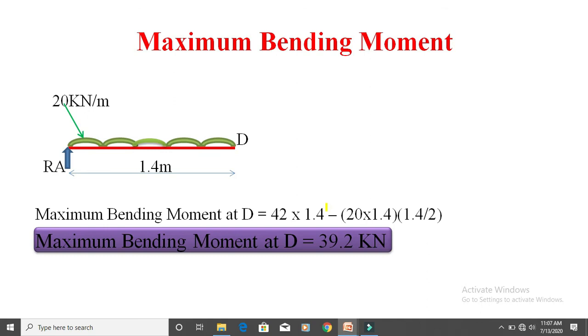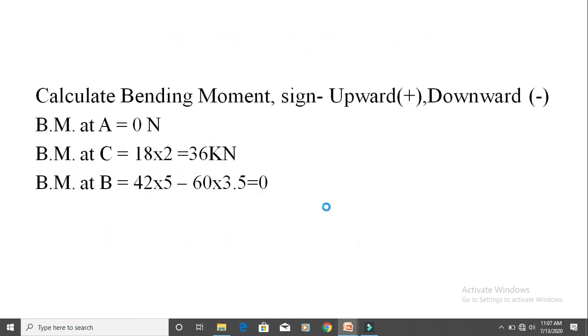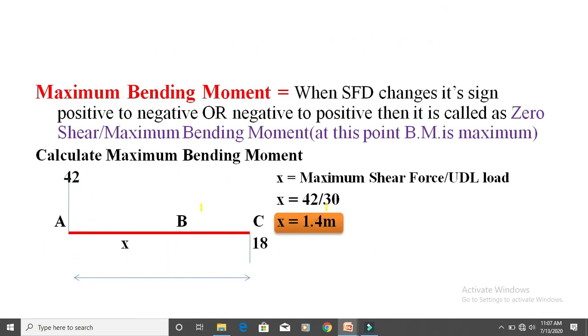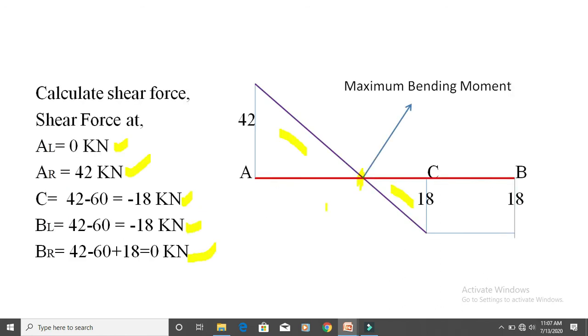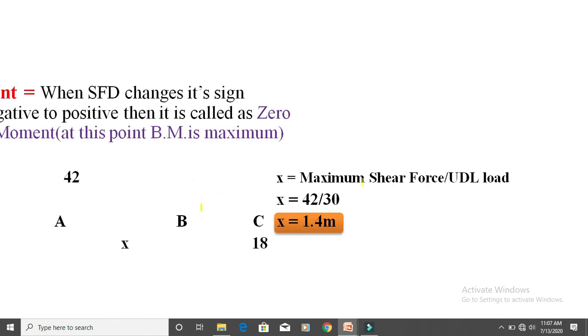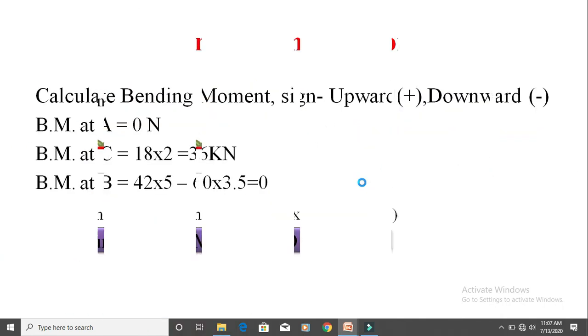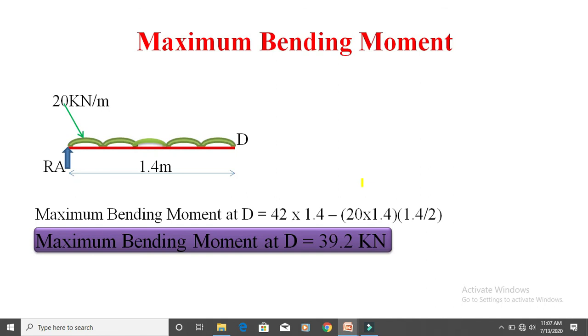So maximum bending moment means, now we have to calculate the value of this point, and this point we call the D point. So now we have to calculate the bending moment of the D point. For calculating the bending moment of D, we redraw this figure again.